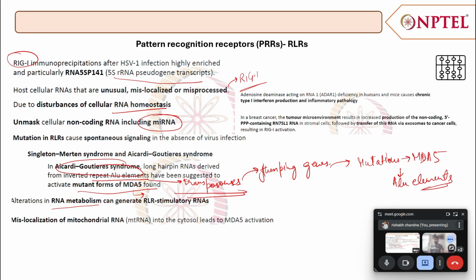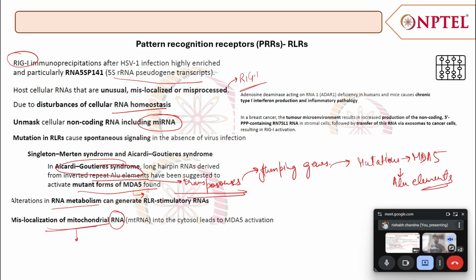Then the MDA5 also gets activated whenever there is mislocalization of the mitochondrial RNA, because of the endosymbiont theory, it is considered that the mitochondria is not actually a part of the animal cell. So it is originated from a bacterial cell.